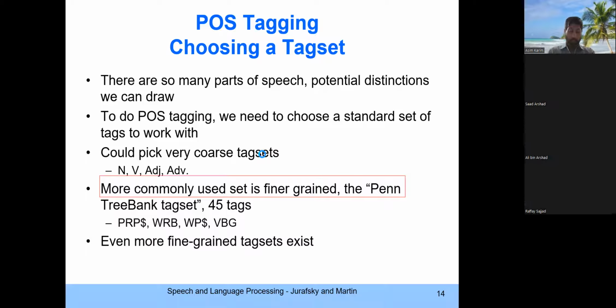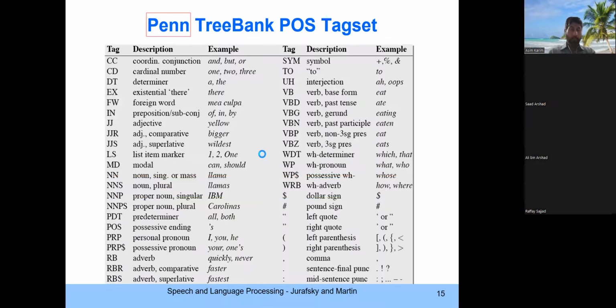Of course, you can look it up if you are using the Penn Treebank. So this is the Penn Treebank POS tag set. Some examples here. I won't go over this in detail. There are some examples of the abbreviation that they use for that particular POS tag.